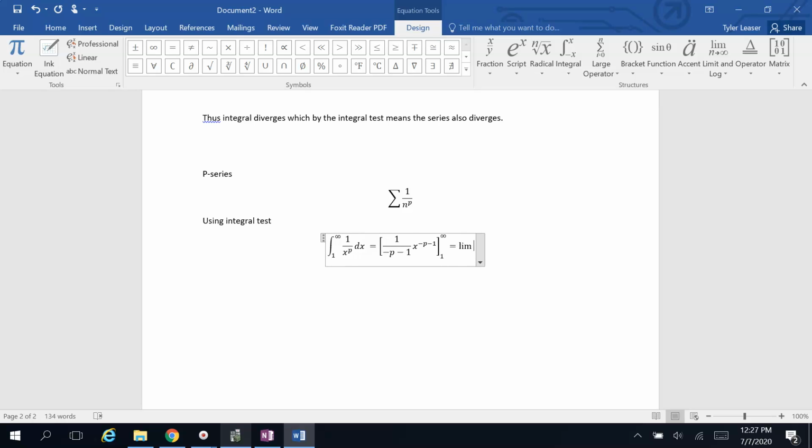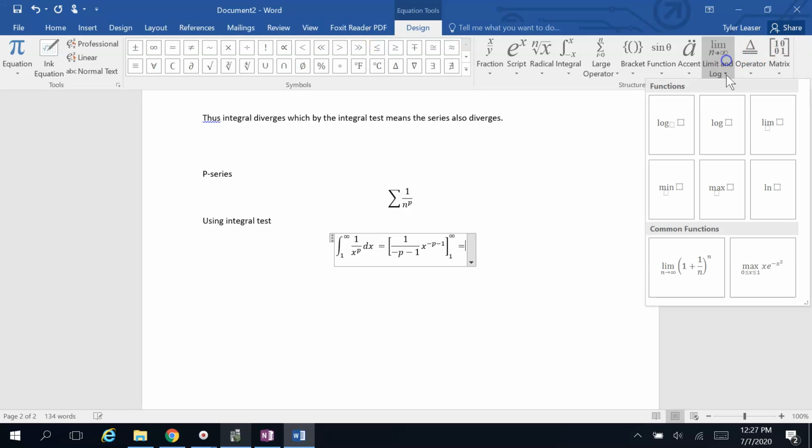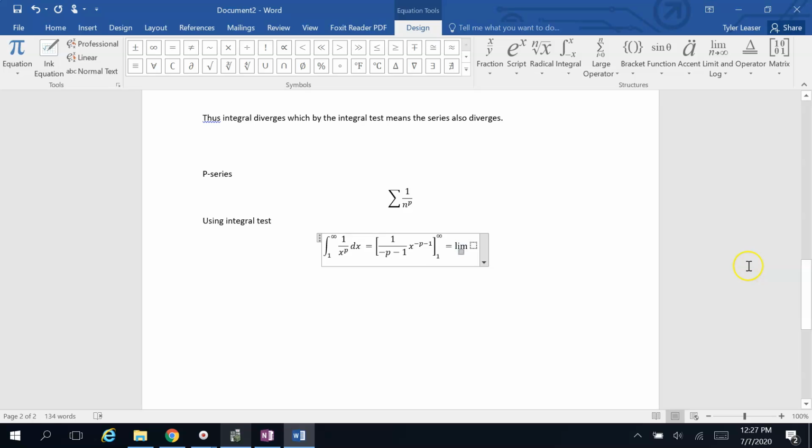So this is going to be the limit as b goes to infinity of, and then on the inside here, we're basically just going to rewrite this a little bit. I'm going to take the negative sign out of it and write that front part as 1 over 1 minus p.